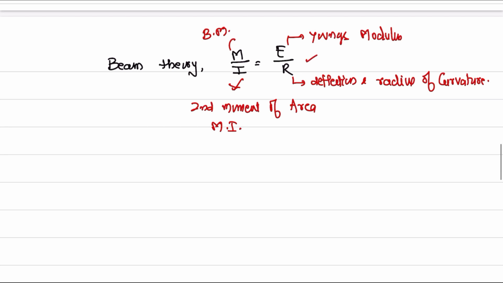From this definition, we get an equation in differential form, a differential equation. M by EI is equal to 1 by R. Do you agree?